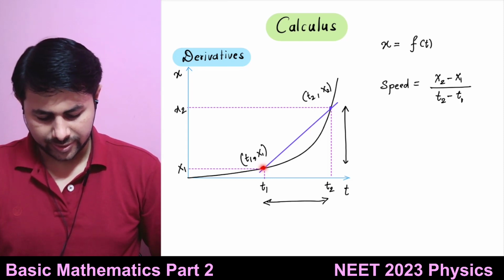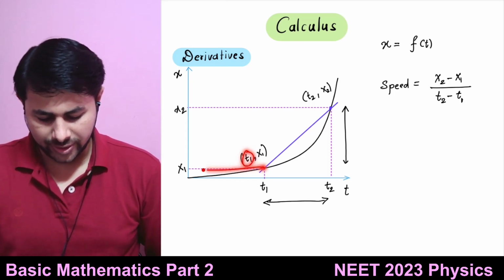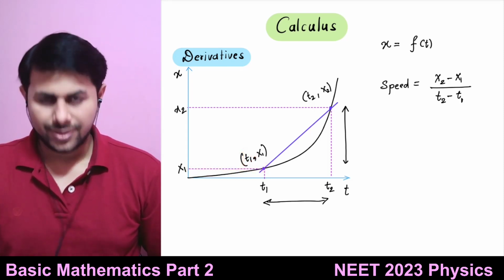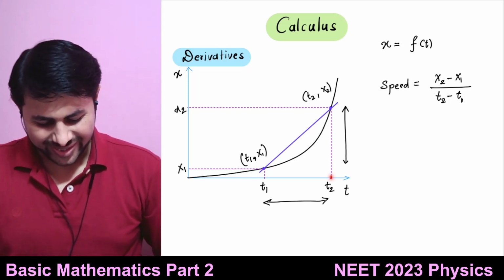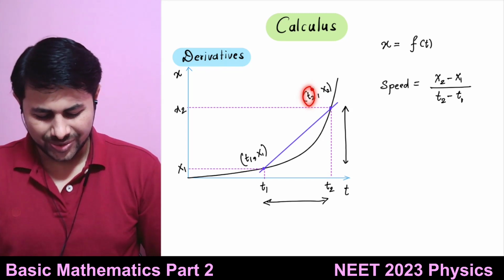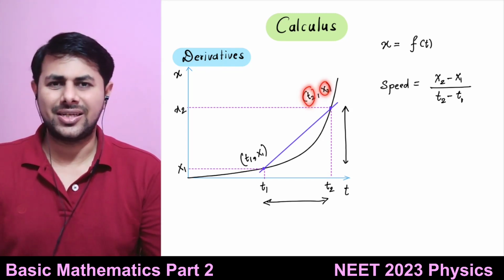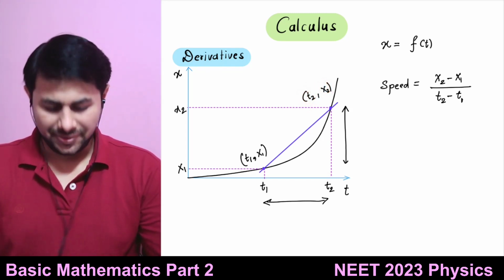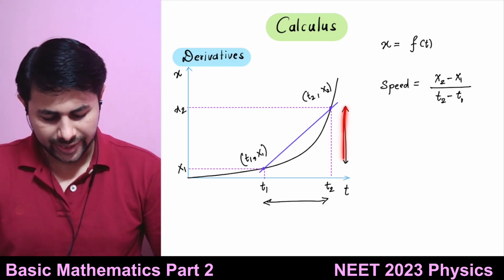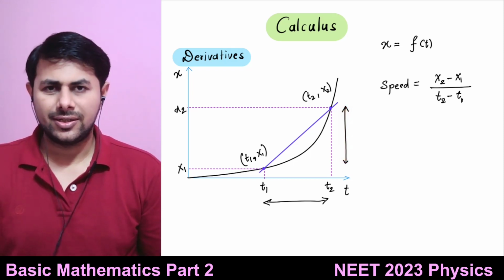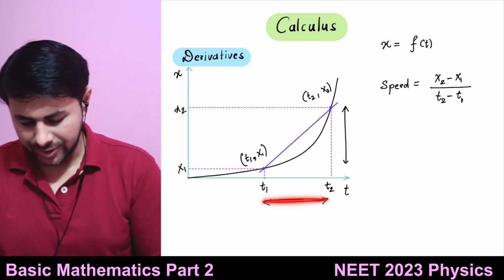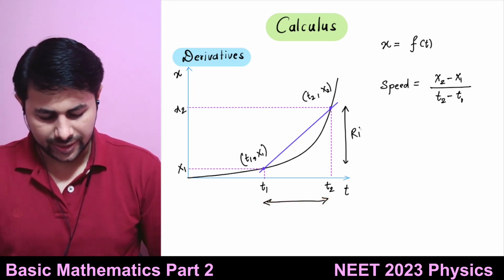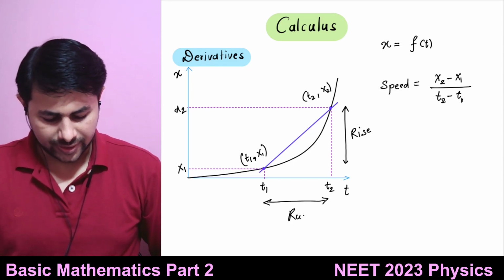For the first point, the horizontal coordinate is t1 and the vertical coordinate is x1, not x and y, horizontal and vertical. For the second, the horizontal coordinate is t2 and the vertical coordinate is x2. So what is the change in the vertical direction? That is called rise. The change in the horizontal direction is called run.